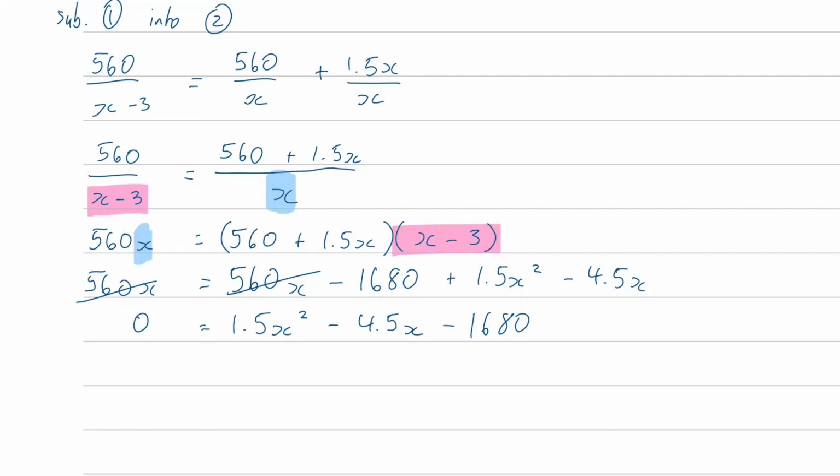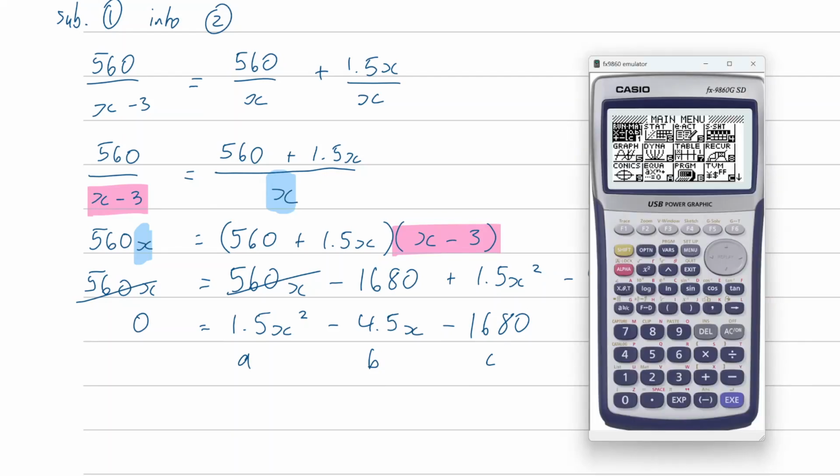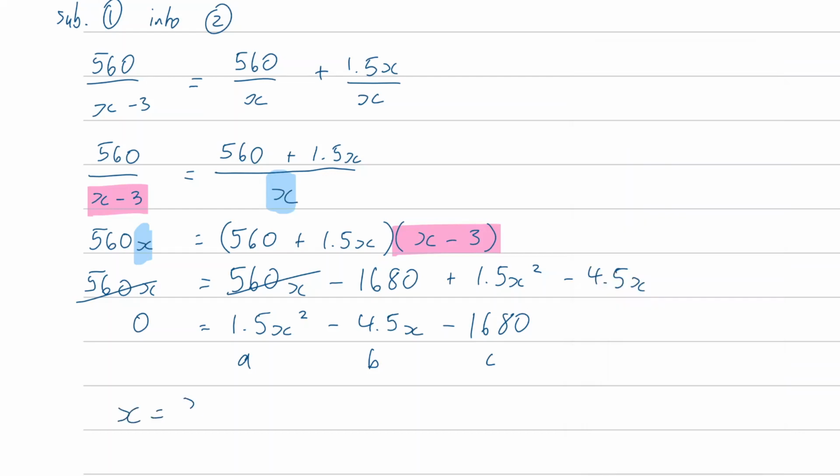Now when we get to here, we have a quadratic. We've identified the a, b, and c term, so we can use our calculator: menu, equation, polynomial, degree 2. So a is 1.5, b is negative 4.5, c is negative 1680. We hit solve, F1, and we get x is 35, or x is negative 32.